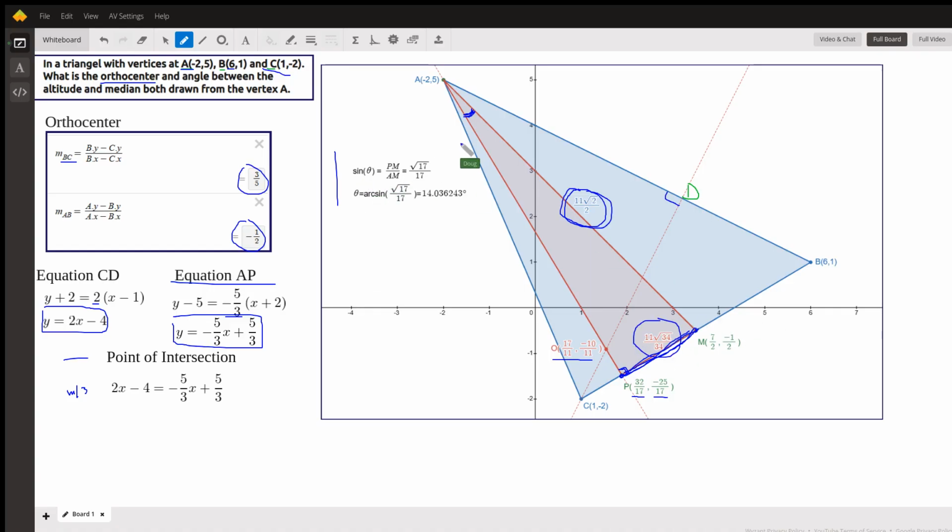So the sine of this theta is PM opposite over hypotenuse, 11 radical 2 over 2. If you do put this fraction over that fraction and simplify it, you get square root of 17 over 17. So theta is the inverse sine of radical 17 over 17, about 14 degrees.